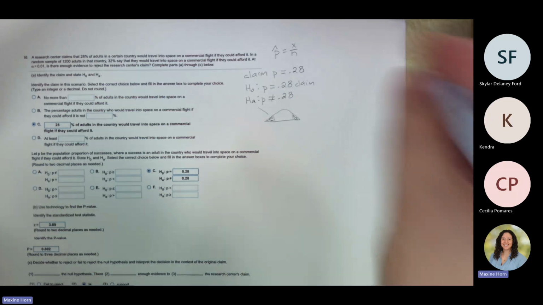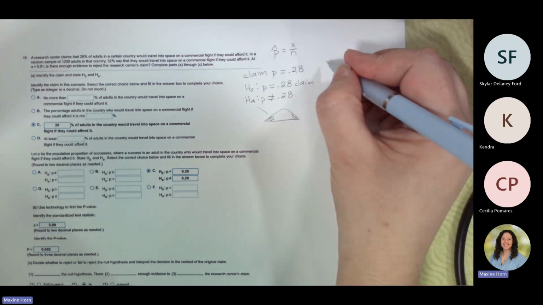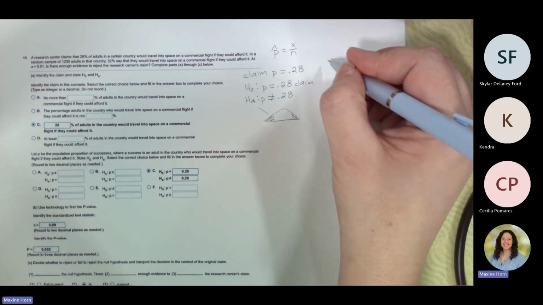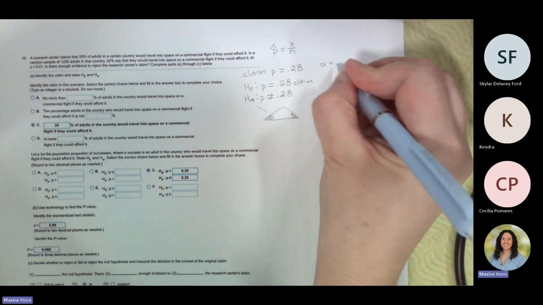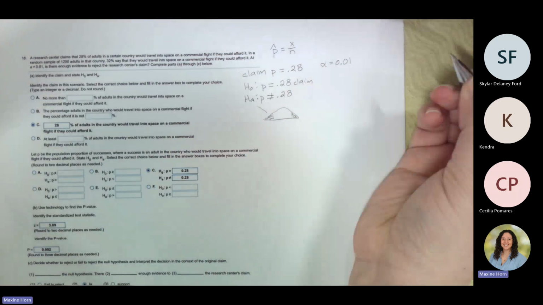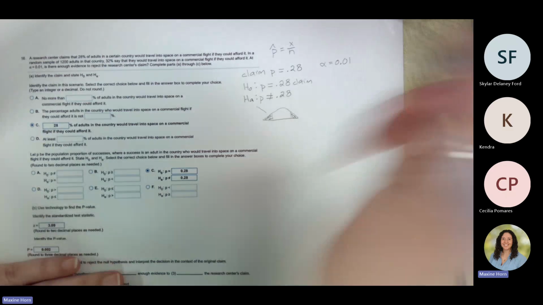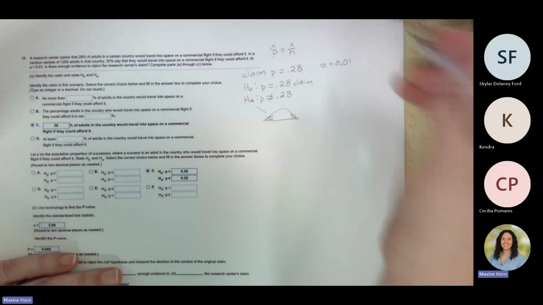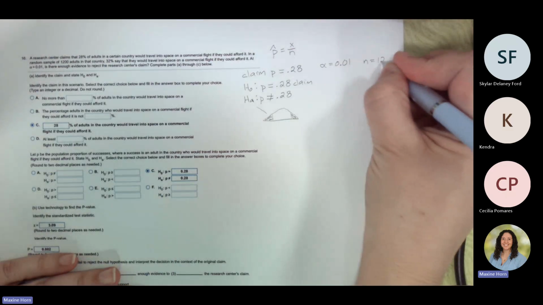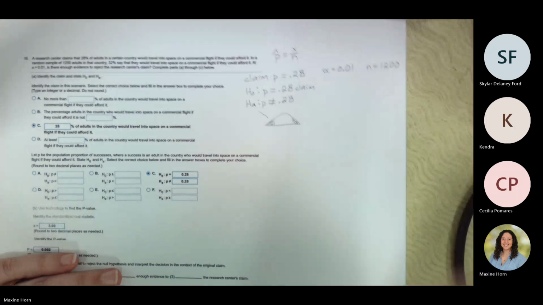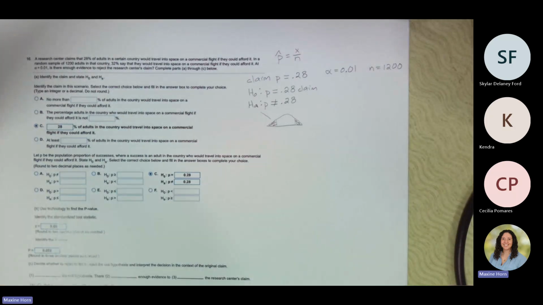Okay, so let's write everything else they gave us. They gave us an alpha of 0.01. Okay, in a random sample of 1,200 adults. So that's our n. Our n is 1,200.